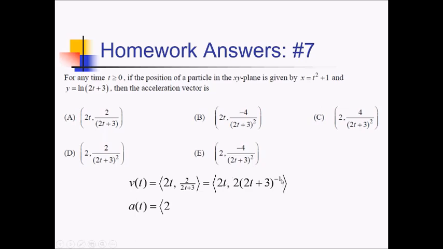And this other one, we've got negative 2 times 2t plus 3 to the negative 2 times a tail of 2. So don't forget that. So this overall comes out to negative 4 over 2t plus 3 quantity squared. If I convert it into one of these, so that's going to be choice E then.